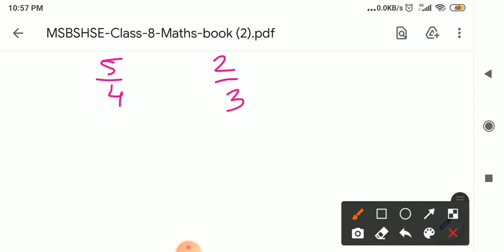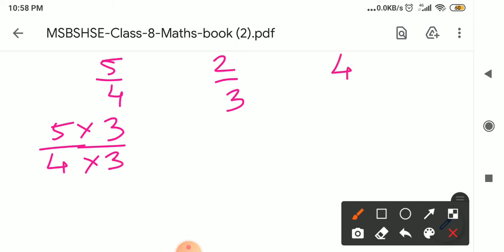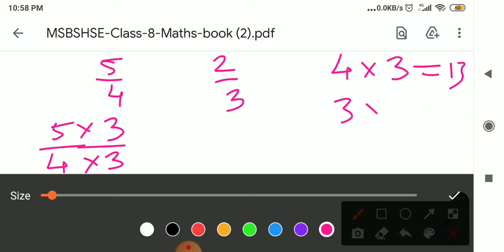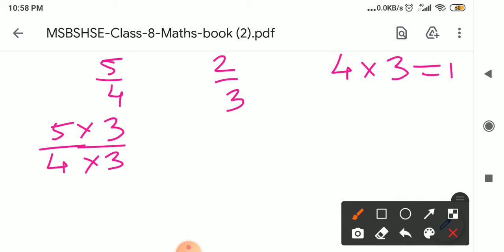So how to compare this? For 5/4, in the table of 4, 4 threes are 12, and for 3, 3 fours are 12. So here we have to make the denominator the same: 5 into 3 and 4 into 3.